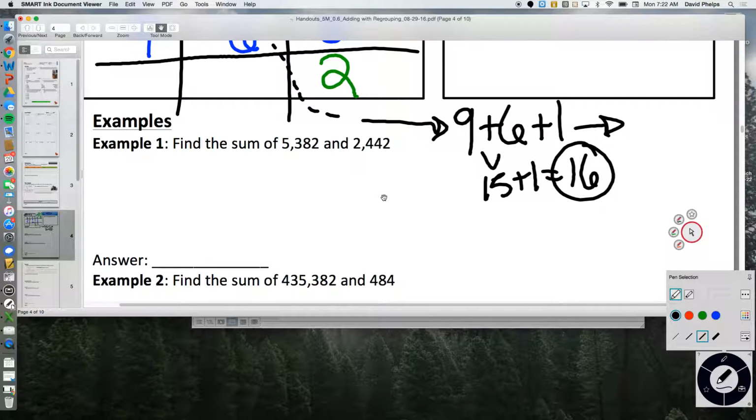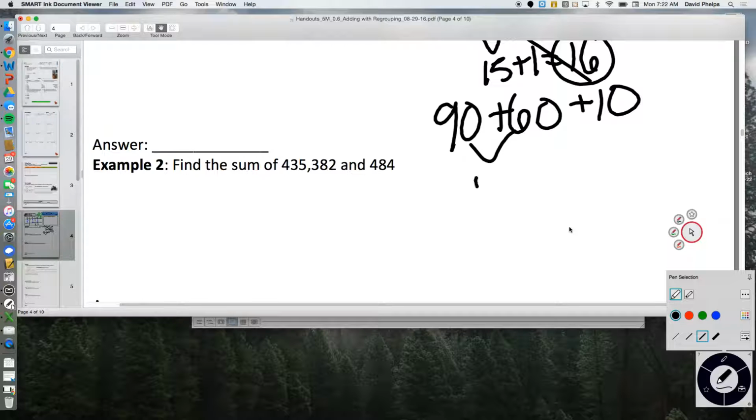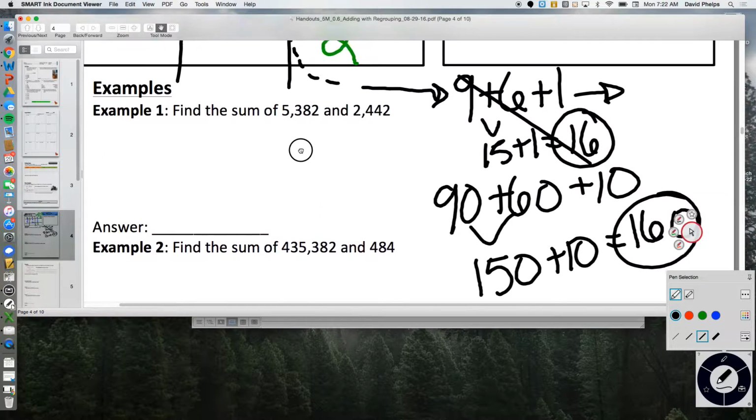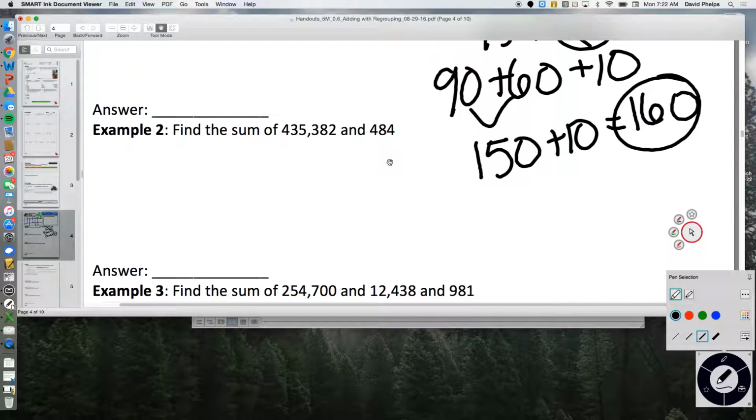So we could do this. Instead of that, we're going to do 90 plus 60 plus 10. 90 plus 60 is 150, plus 10 is 160. Interesting. So in our tens place, 90 plus 60 plus 10 gave us 160.